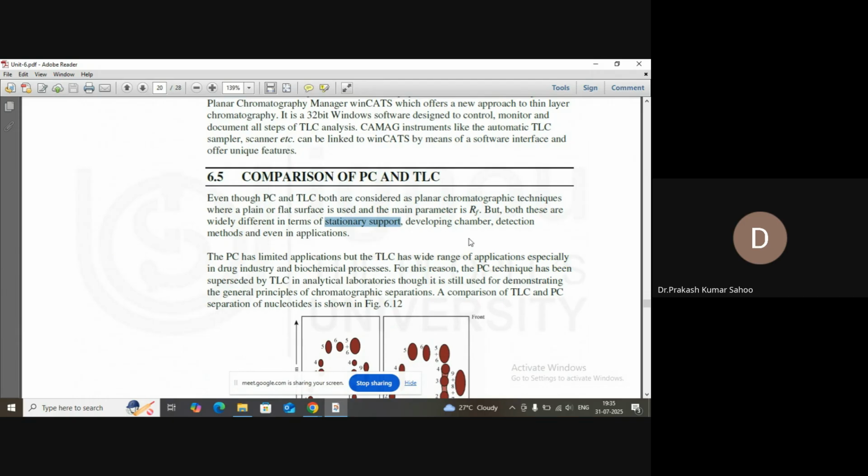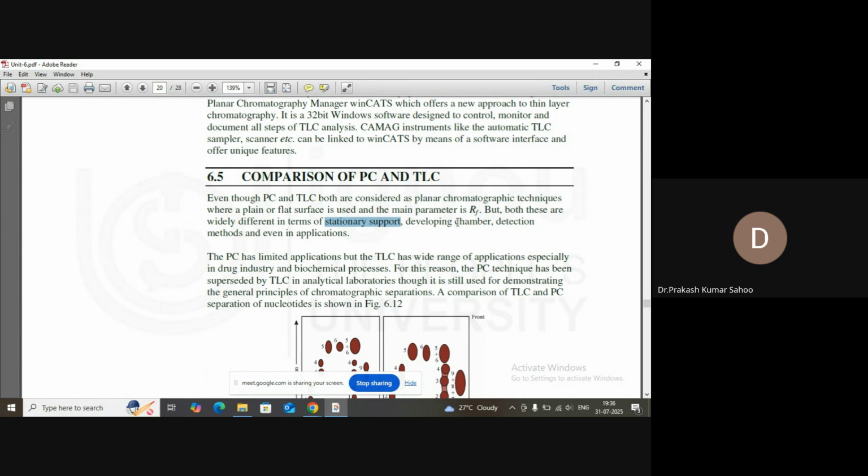It may be filter paper or parchment filter paper of different pore sizes, which is soaked with water generally and with other solvents for separation of different components.